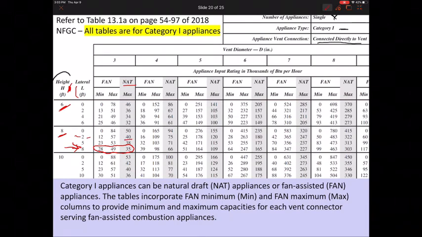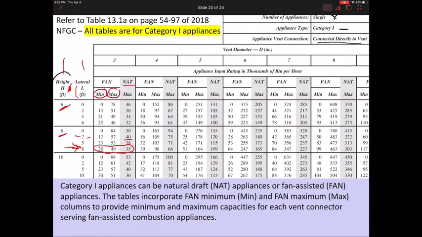And if you had a 2-foot lateral, it's going to allow you up to 40,000 BTUs. So the less lateral, the better you're going to be on there. That's why they say try to minimize your laterals. So some of the terminology: height, lateral.